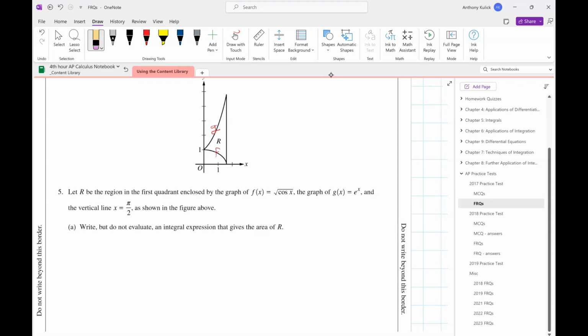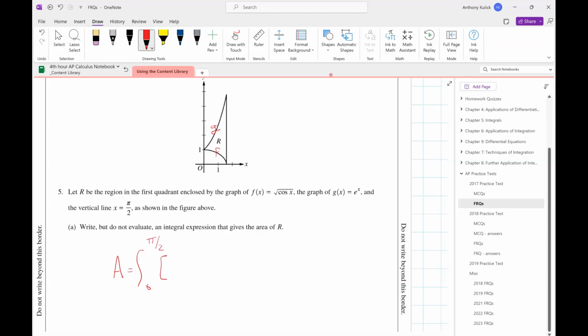Okay. So how do I calculate then that area for R? I'll just write it as A. It's going to be the integral from what to what? Yep.